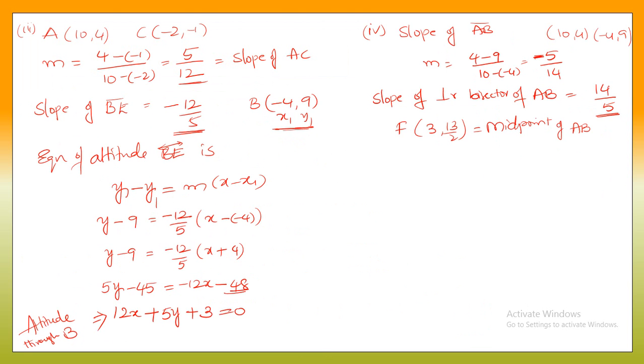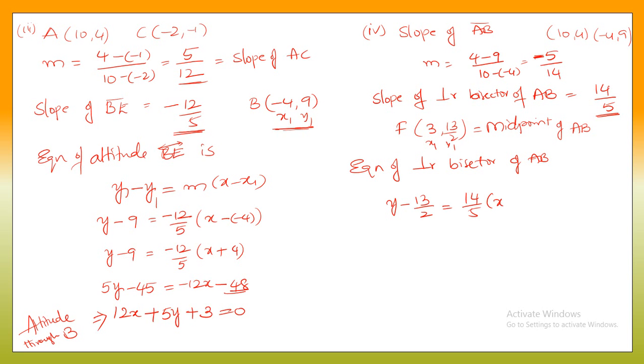Since we have the slope and a point, we can directly write the equation of the perpendicular bisector of AB, given by y minus y1 is equal to m into x minus x1. Here this is x1, this is y1, and m is 14 by 5.